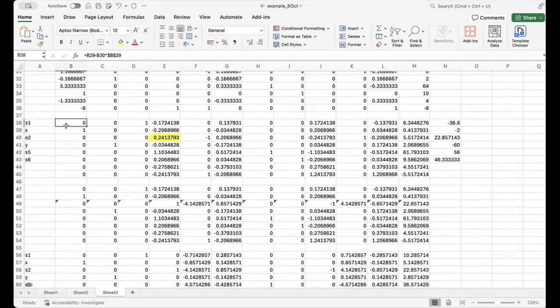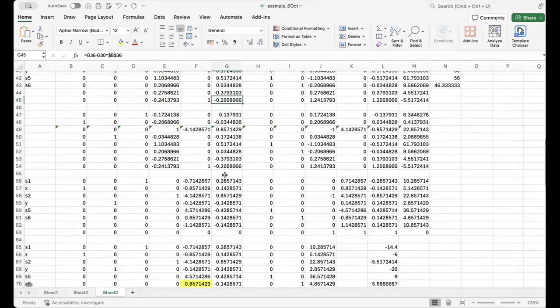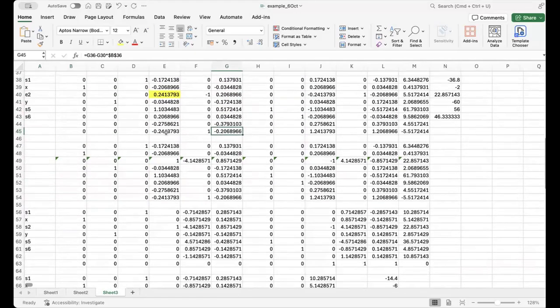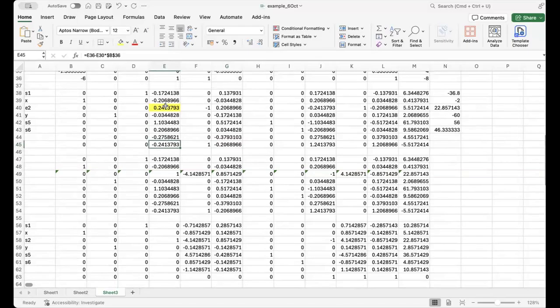Okay, you see, at this round, our basic variables contain S1, X, E2, Y, S5, S6. Not finished yet because we still have negative coefficients. We choose this column because this is more negative, and this is our pivot row.